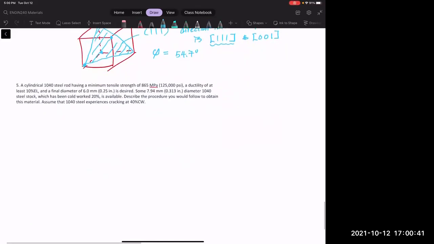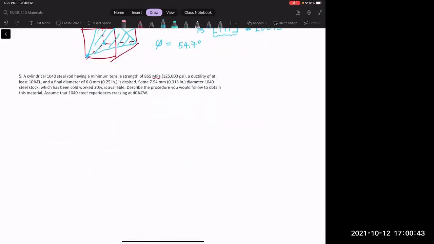Okay, the last question here is about cold work. We told you there are 3 different ways you can strengthen the material. Cold work is one of them. If you want to use cold work to strengthen the material, there are some graphs you have to find in your textbook. I believe that's figure 7.6 or something like that.